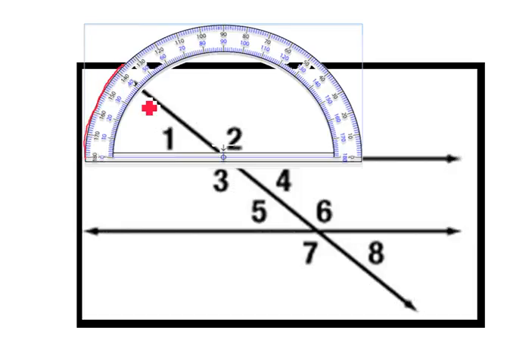Well, I can see that the line is going to be about here. So starting at 0, move on up. It appears that the measure of angle 1 is 40 degrees.